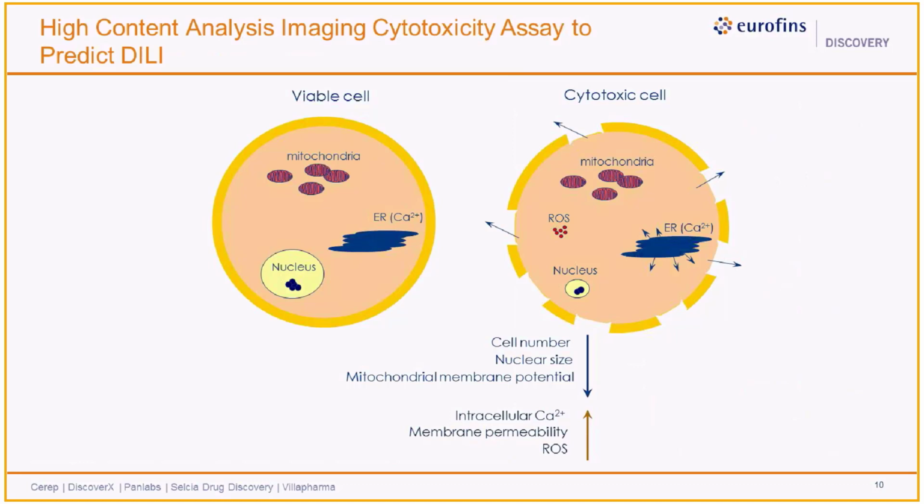We also know that the increase of intracellular calcium, membrane permeability, and reactive oxygen species may cause cytotoxicity. By measuring those cellular parameters, we can provide you with mechanistic information on the reasons that test compounds cause cytotoxicity and ultimately DILI.